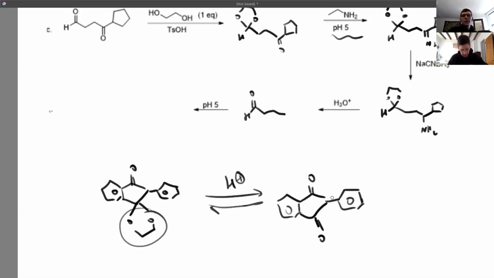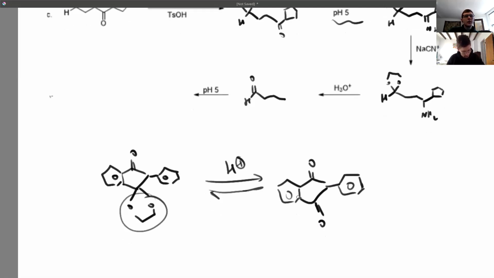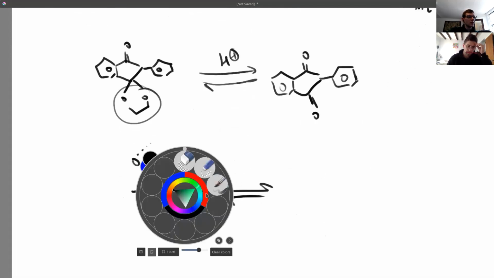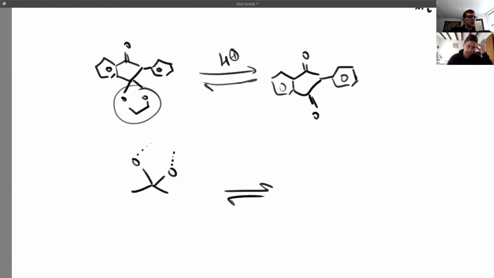In general, when you have an acetal like this, and then whatever else, you could just think of it as taking this bond and this bond and just making it a carbonyl instead. Oh, okay. Got it.